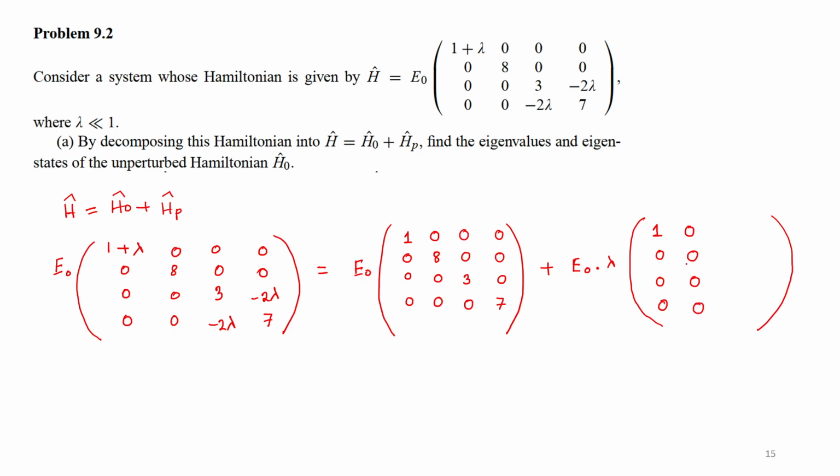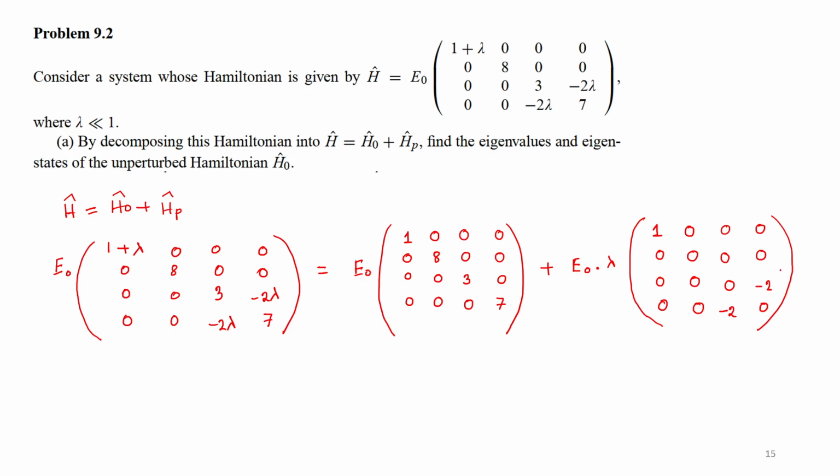So this is not going to be a diagonal matrix, as you can see. Here we have 0, 0, 0, minus 2. Here we are going to have 0, 0, minus 2, 0.